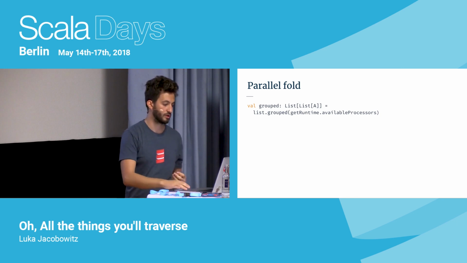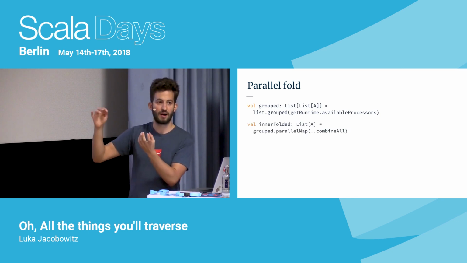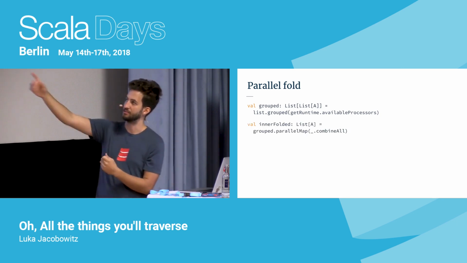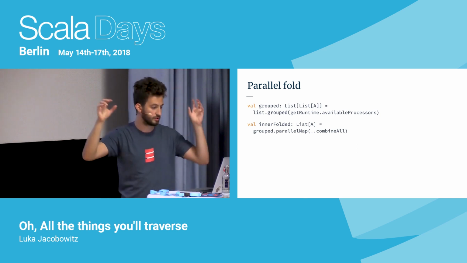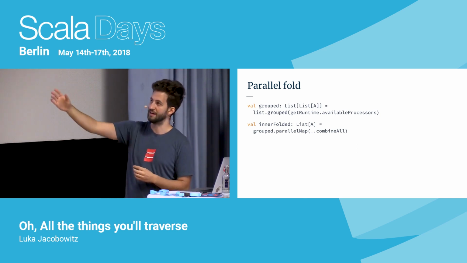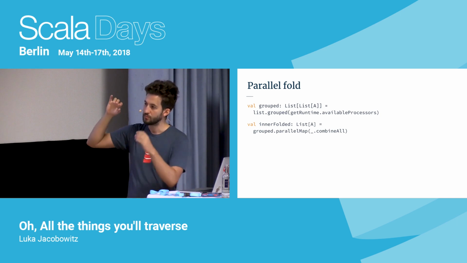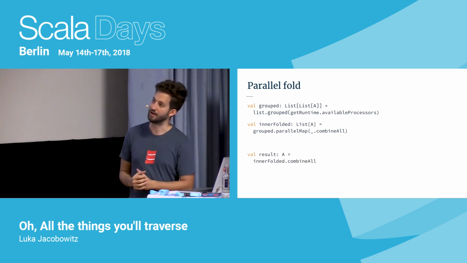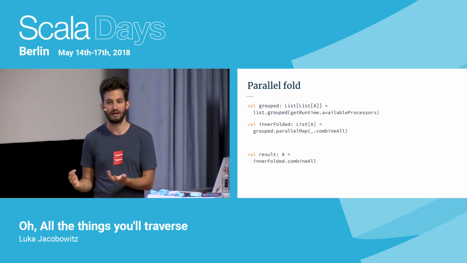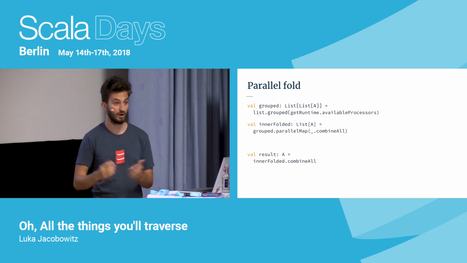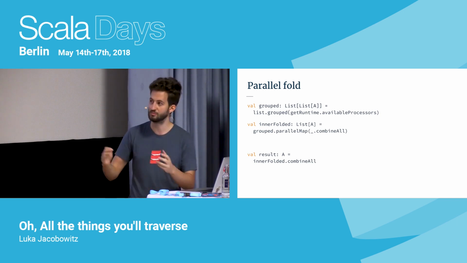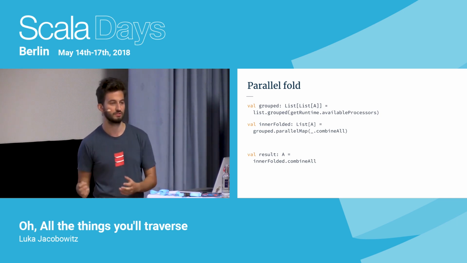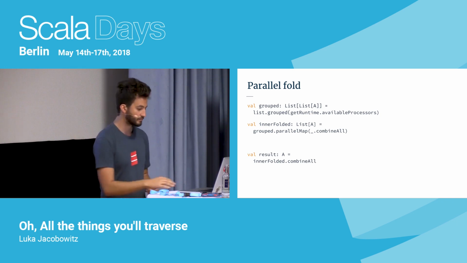And then we can map those in parallel and then combine those inner groups to get back a list of A's, which are the combined groups. So now we should have a list of 8 elements with the individual values. And then we can just call combineAll to get the final result. And we'll have actually completely parallelized our fold. And that is what I think is really cool. And this is what monoids give you because of associativity and identity.